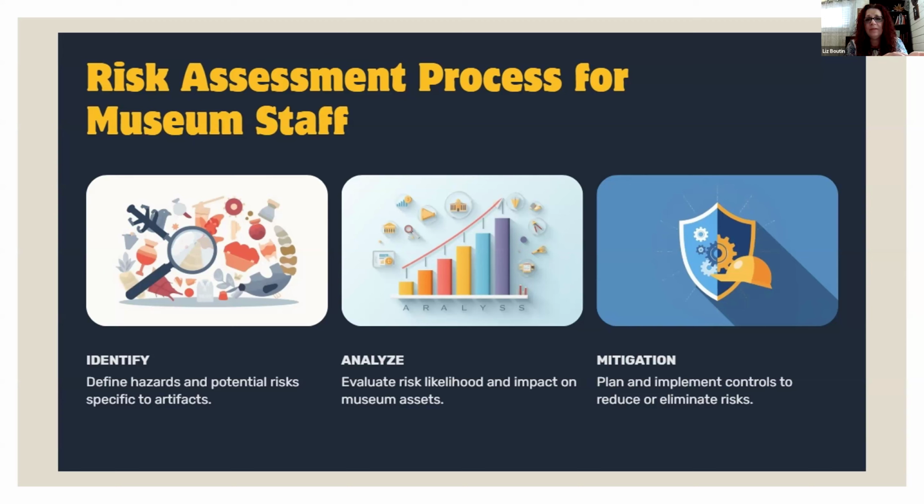And I can't forget your visitors as well. You want to analyze the risk and the impact it has, so that's either low, moderate, or severe, and then implementing a mitigation plan to control these risks or fix any of the issues that you see in your institution when you do your risk assessment.